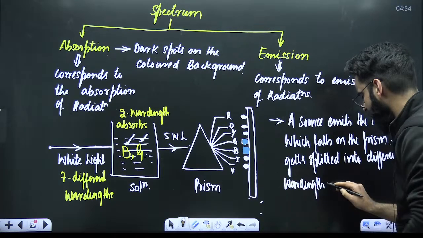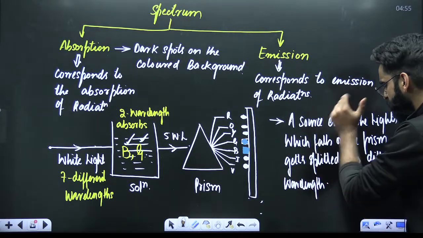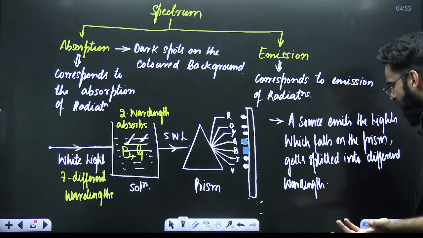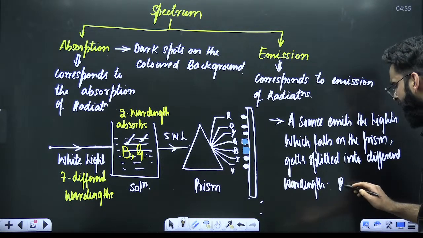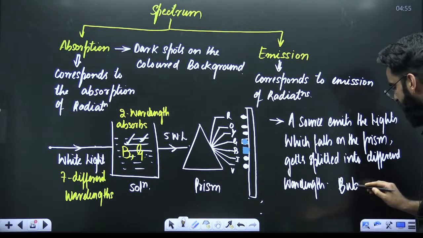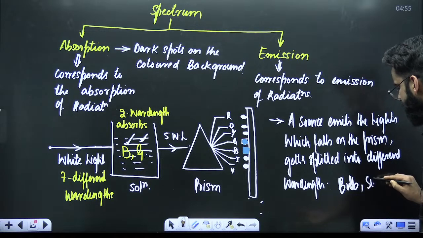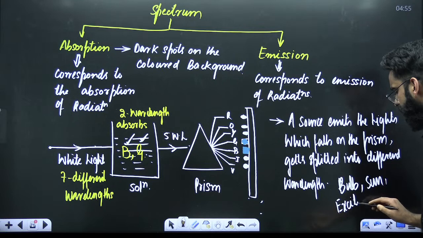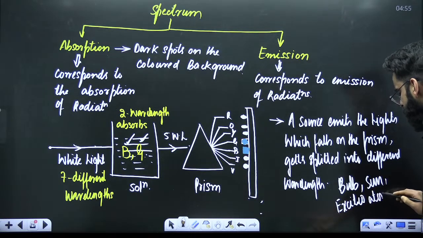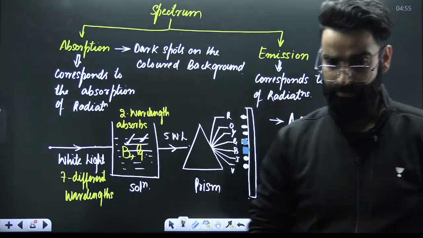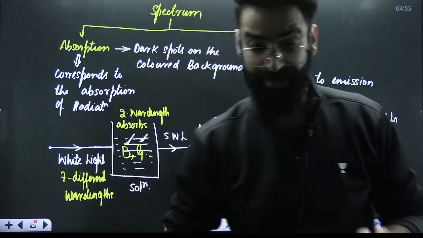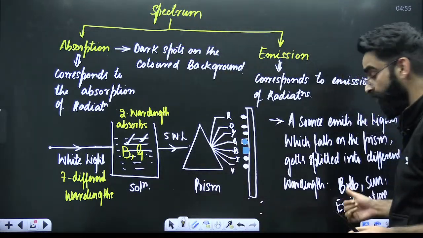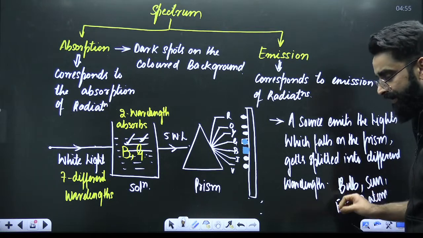Before talking about this, let me tell you, your source of radiation can be anything. It can be a bulb. It can be the sun, right? It can be your excited atom. So the source of radiation, first of all, can be your bulb, the sun, or an excited atom.